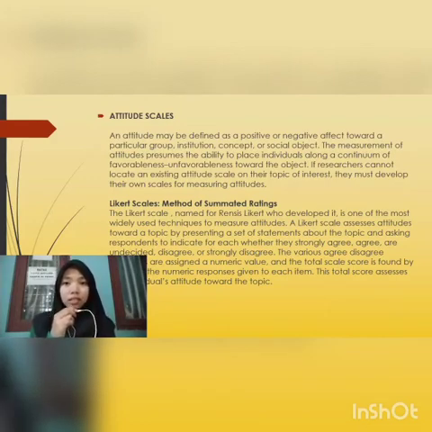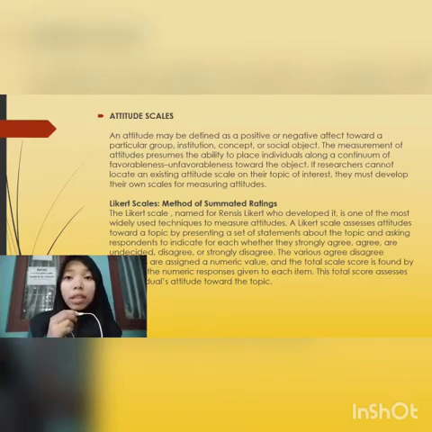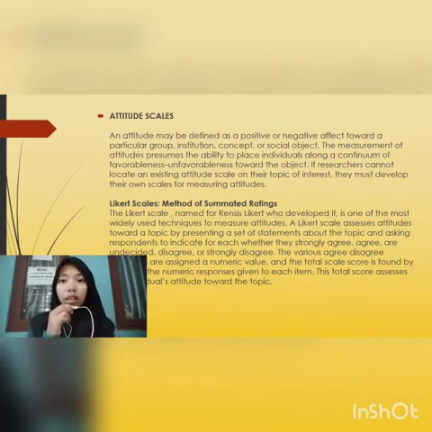And then Likert scales, the method of summated ratings. Here I want to explain this method of summated ratings. The Likert scale, named after Rensis Likert, who developed it, is one of the most widely used techniques to measure attitude.